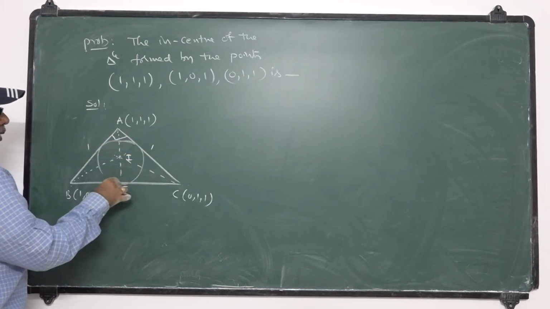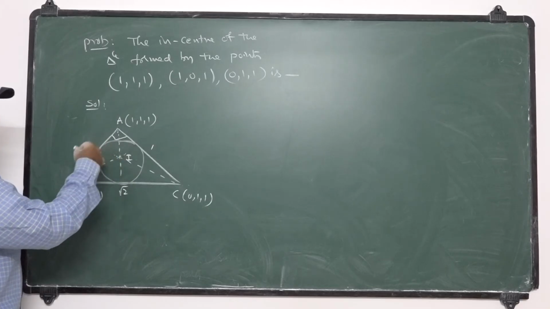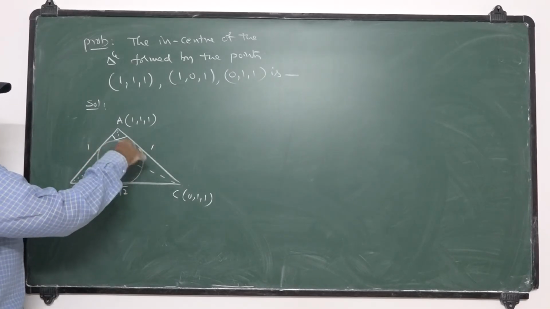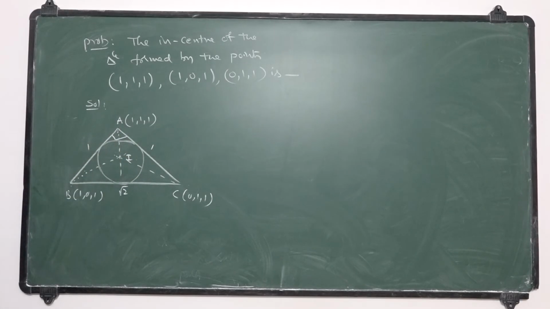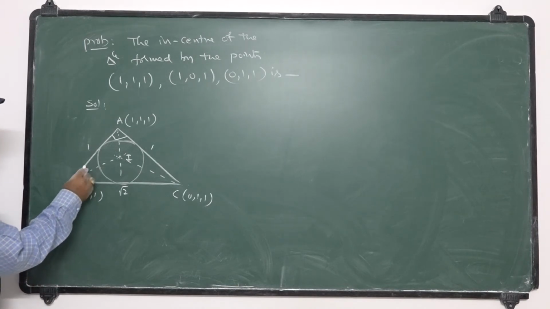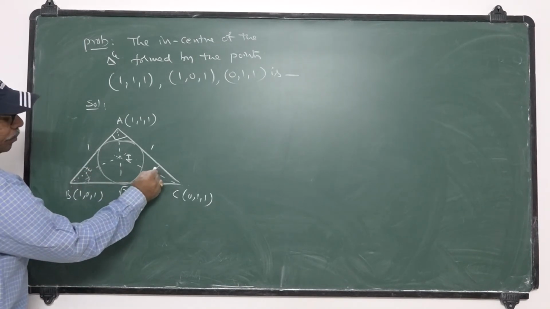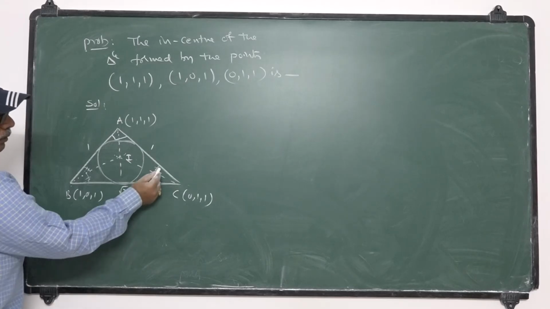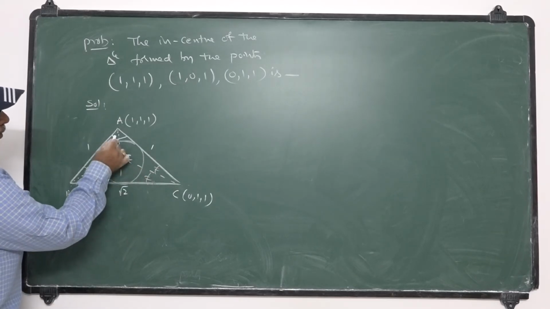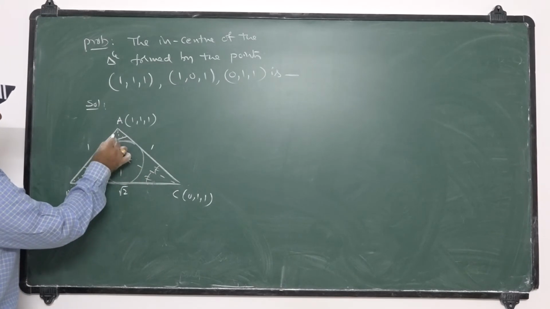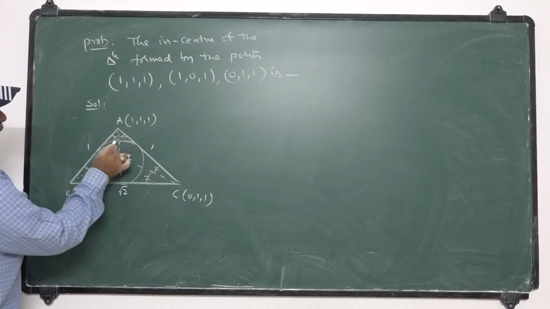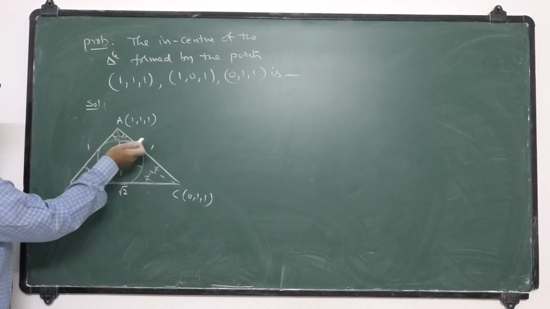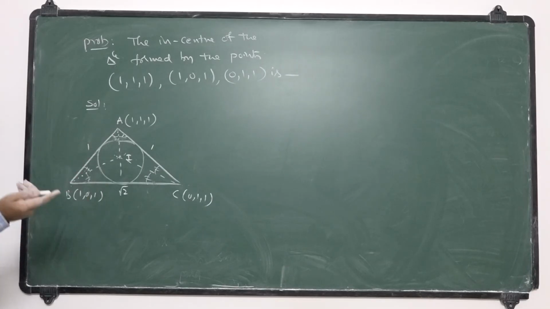Incenter means once a circle is inscribed in the triangle, the center of such incircle is called incenter, which is obtained by the concurrent point of angular bisectors. This angle is same to that of this angle. This is 45, this is 45, because here it is a right angle triangle.